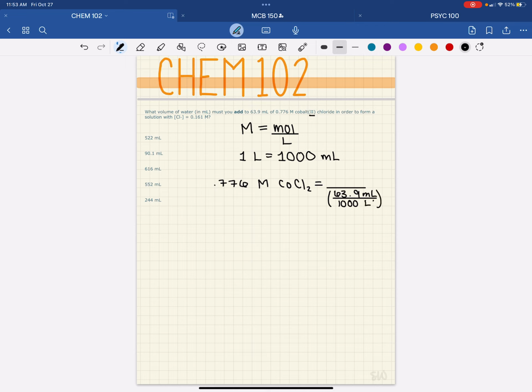And I want to know the moles of cobalt chloride. So then I'm going to multiply both sides by 0.0639, which is the liters.